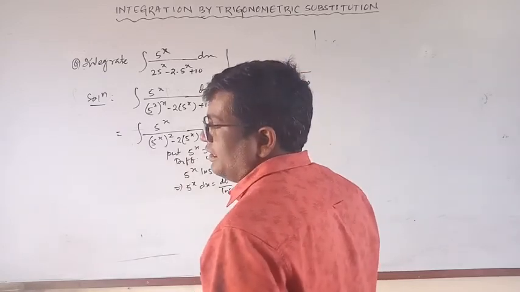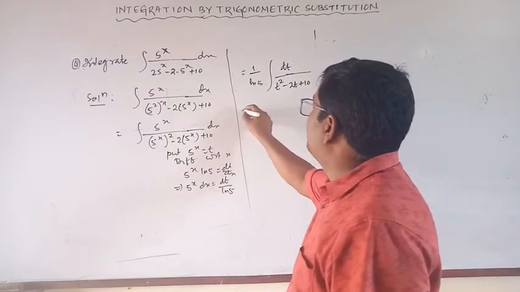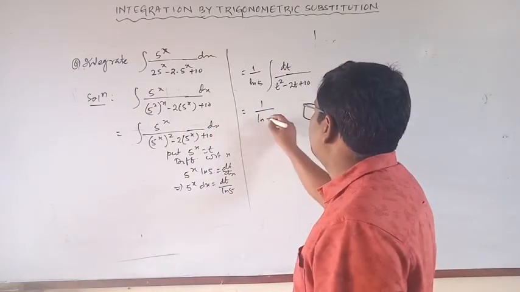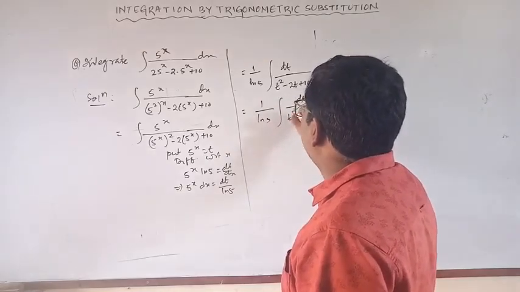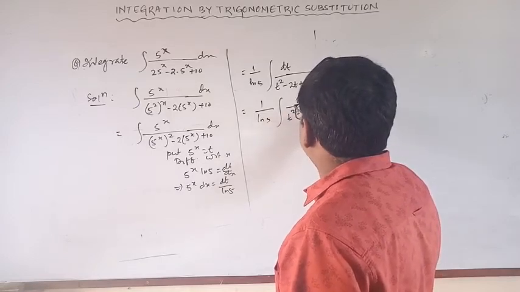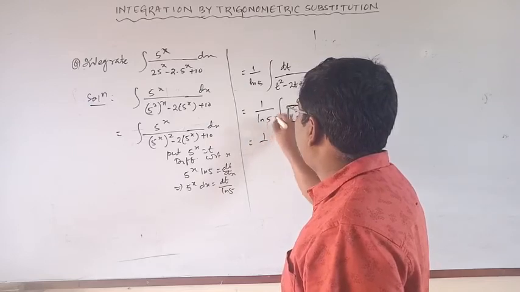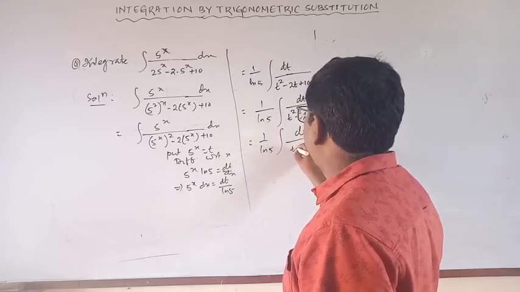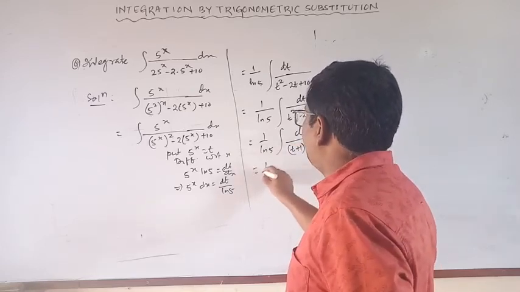This is a quadratic form, so this can be done by using a perfect square. This is dt by t squared minus 2 into t into 1 plus 1 squared plus 9. So this is 1 by log 5, dt by t minus 1 whole squared plus 3 squared.